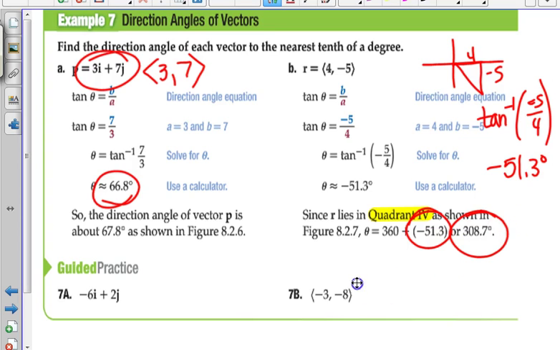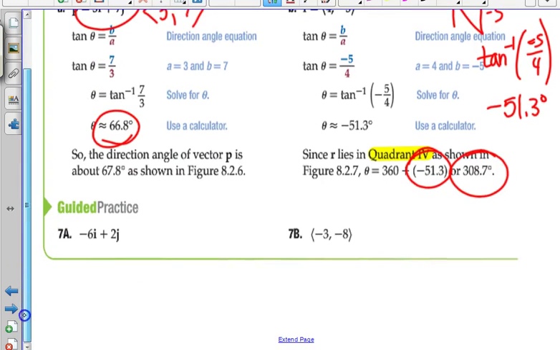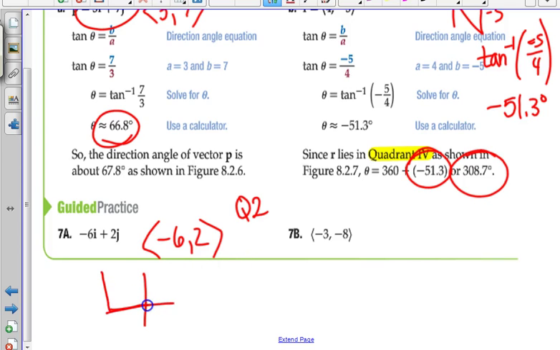All right. This is going to show you ones that aren't. Let's do this one. -6, 2. What quadrant should that wind up in, guys? Quadrant 2, right? Okay. I want you to find the inverse tangent. This is on the quiz, so please be awake here. -6, 2 would be inverse tangent of what?